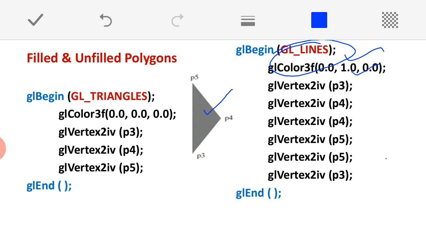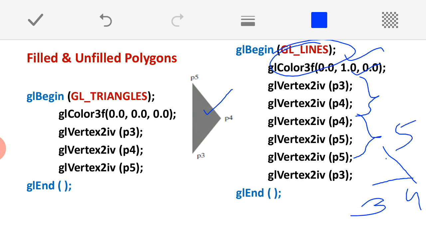Okay. Then to draw any line, we need at least 2 vertices to draw one line. See, for example, say here P3, P4. So, let it be P3 and this is P4. Okay. Then P4 to P5, I will draw another line of my triangle. Okay. So, this is P4 to P5. Then P5 to P3.